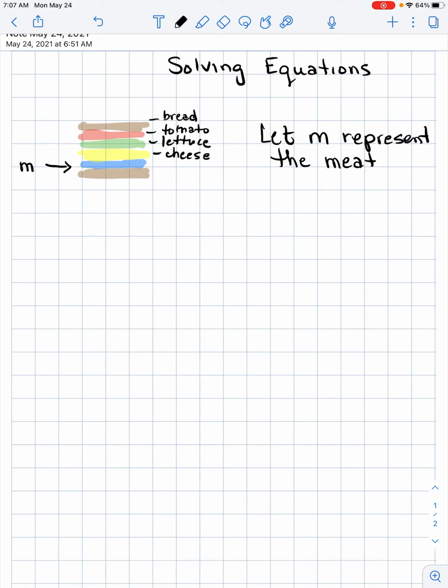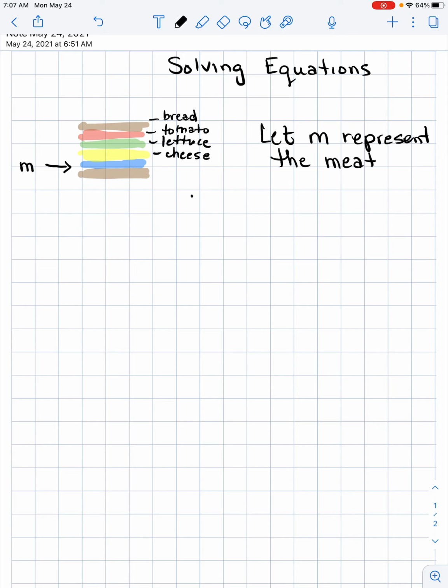Well, we added these layers in order, right? First we put the bread, then we put the meat, and on top of that, the cheese and the lettuce and the tomato and the bread. Well, if I want to take my sandwich apart to find out what the meat layer is, I'm going to have to do it in the reverse order.